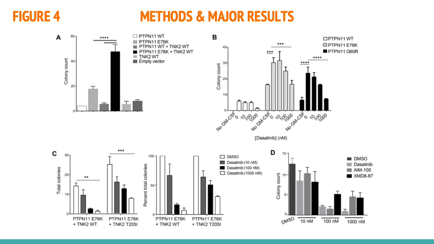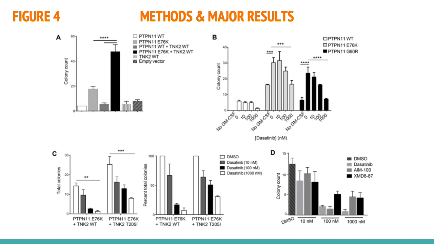So we can see that here. We have the mutant version of the TNK2 on the second graph here and the fourth graph. So we can see that dasatinib was just not as useful when you compare it to the wild-type TNK2 graphs.